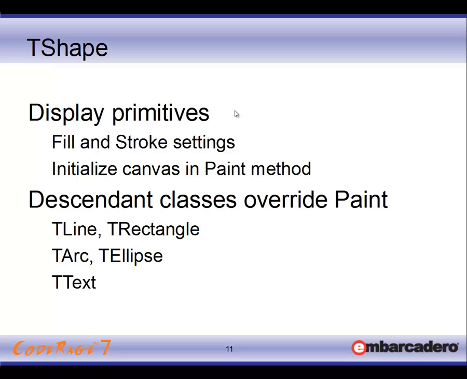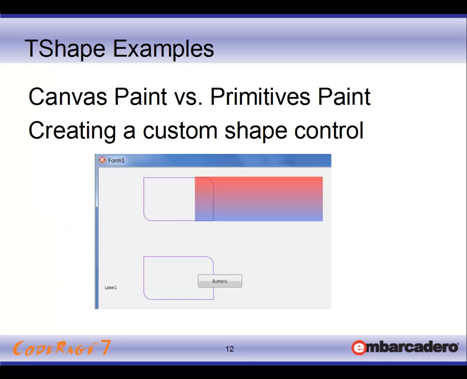The T-shape class and its subclasses are the display primitives. They have fill and stroke settings, and each of the descendants overrides the paint function with some specific output.